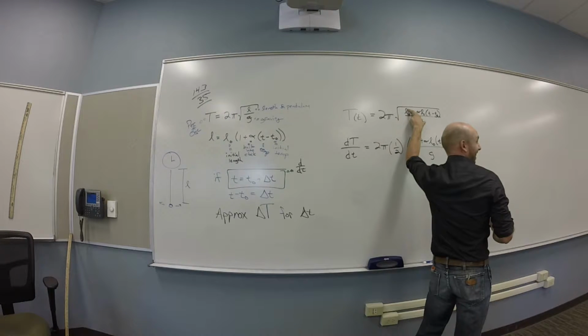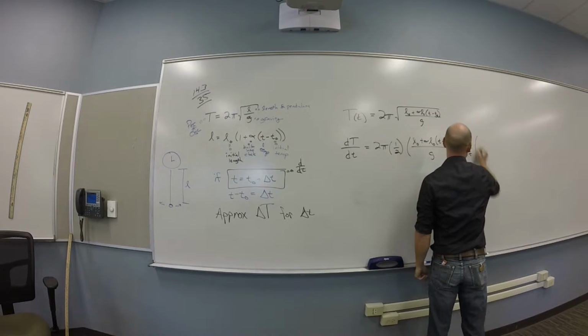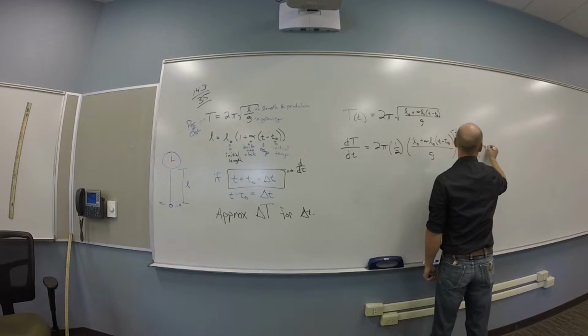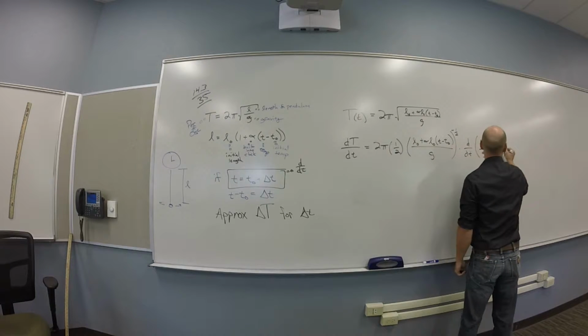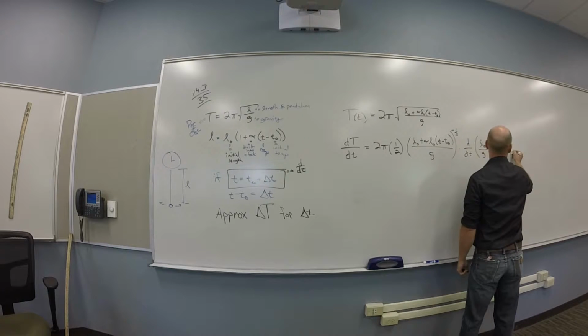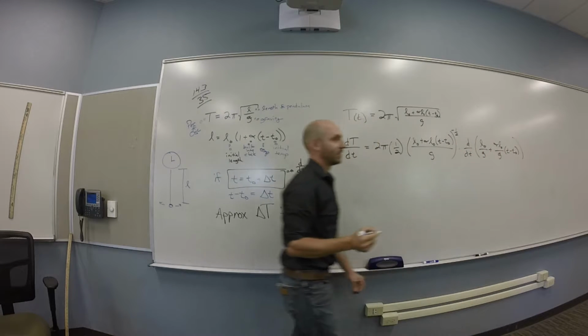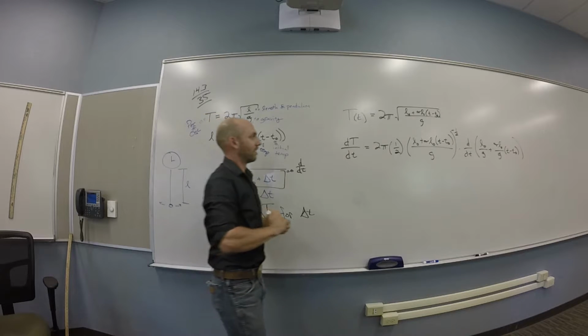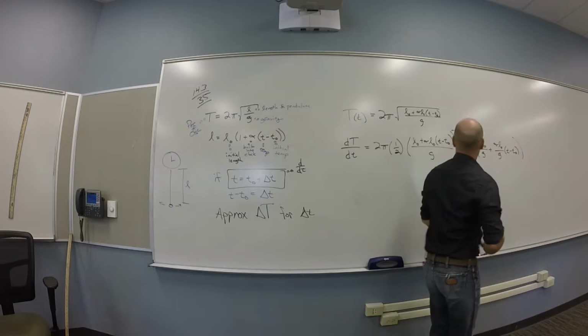How about if I write d/dt of L naught over G plus alpha L naught over G times T minus T naught. Does that make things a little easier? Then it would become a 1, two constants and a variable.